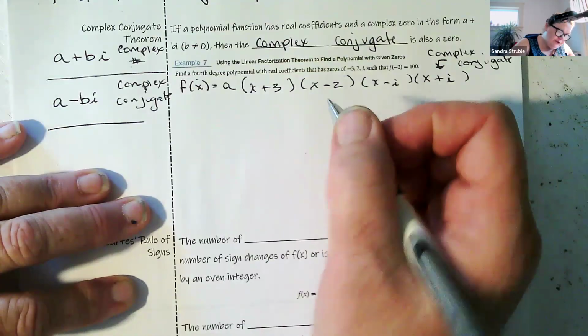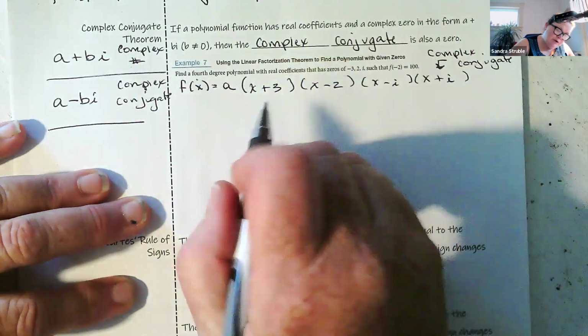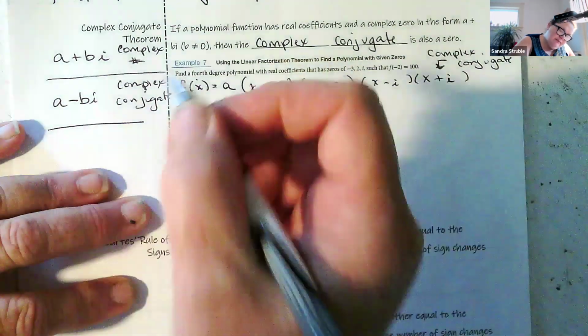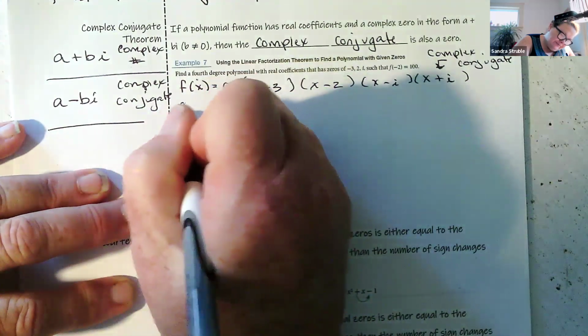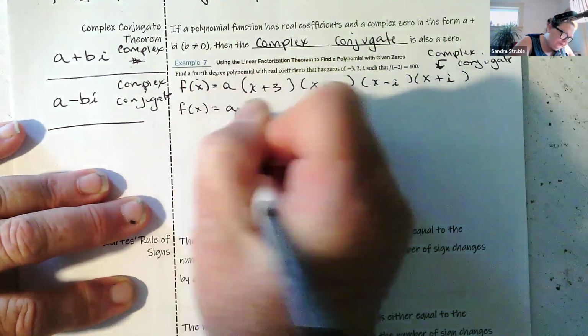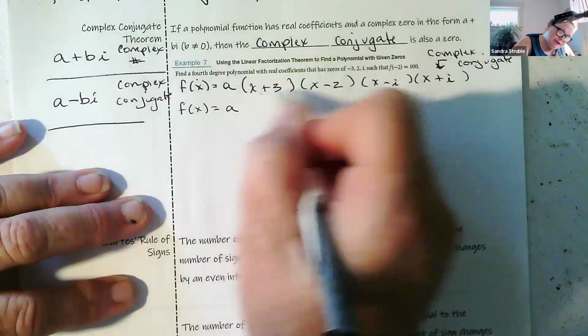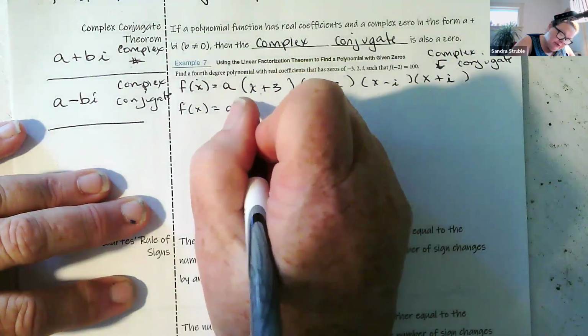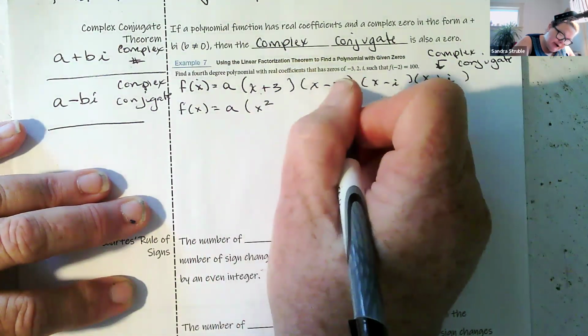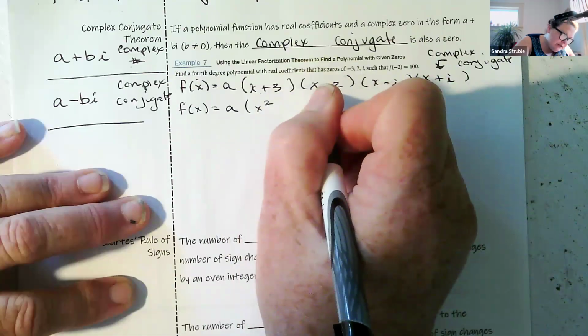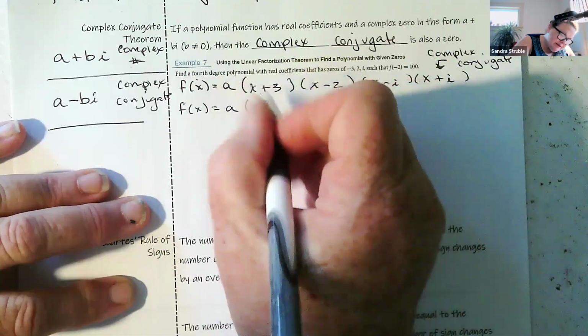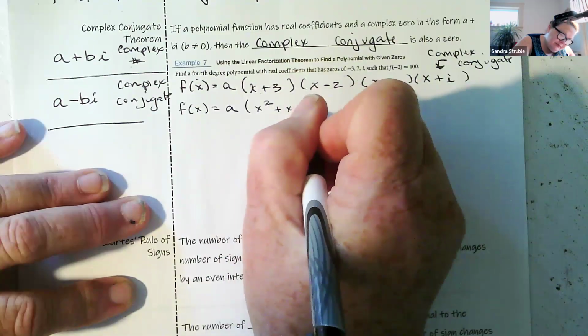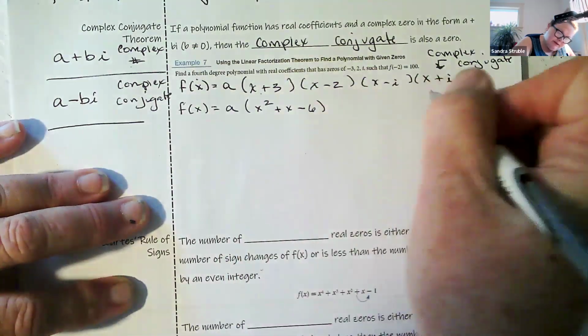All right. First thing I want to do is simplify this. I want to multiply all this out so I can take the next step. I'm going to multiply these two binomials first, which is x squared, outer is -2, inner is +3. So that's going to be positive x minus 6.